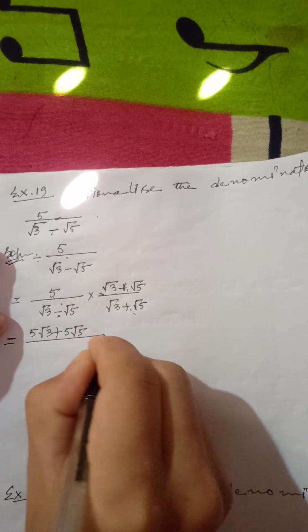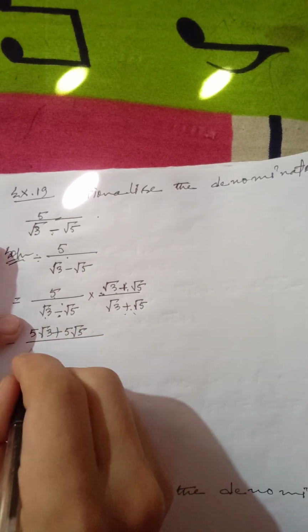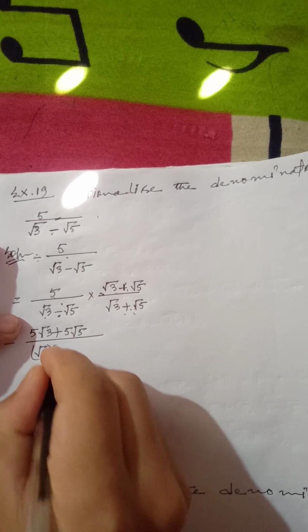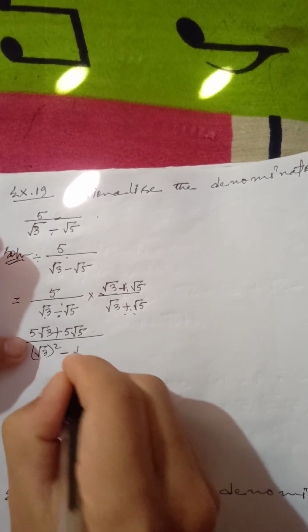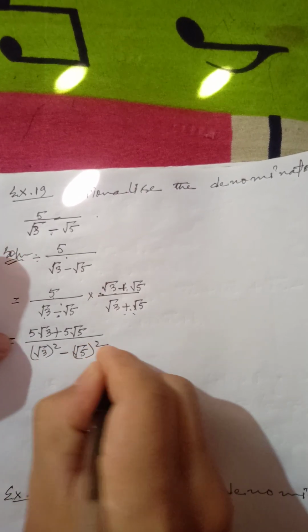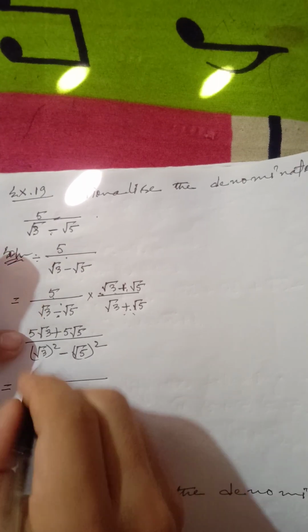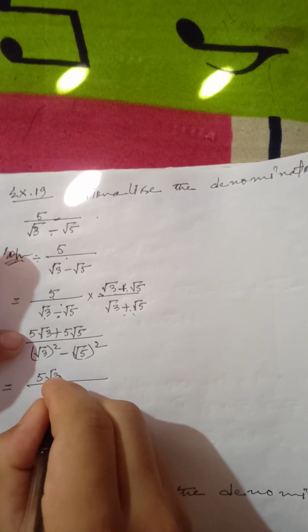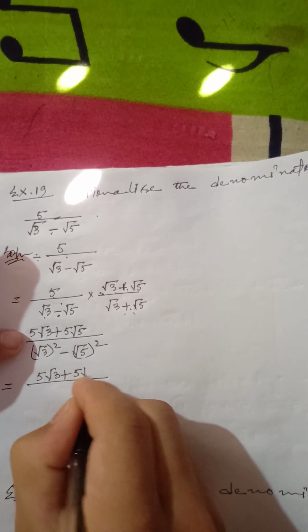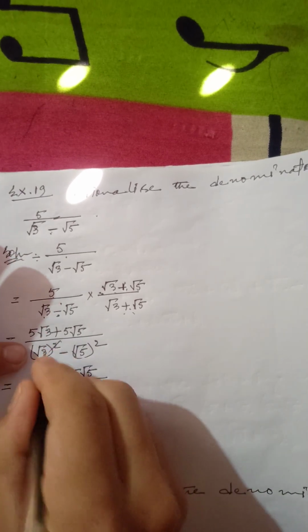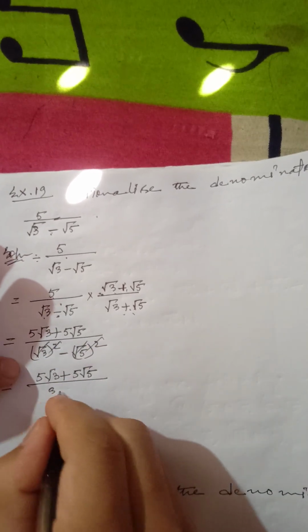In the denominator, if you multiply with this, then root 3 squared, that is a square minus b square. So square and root cancel, that is 3 minus 5.